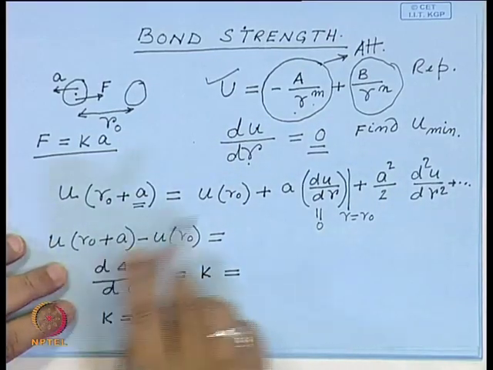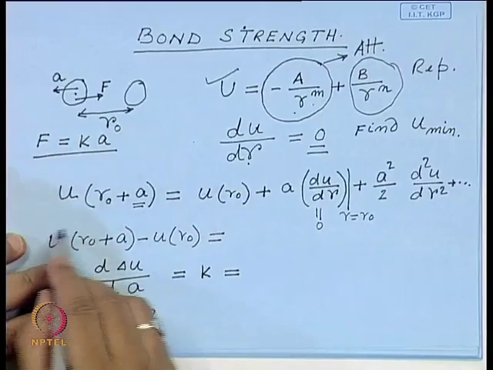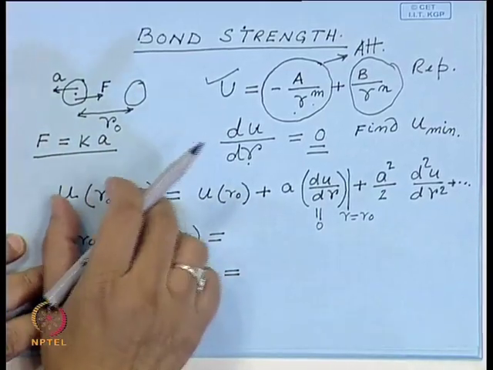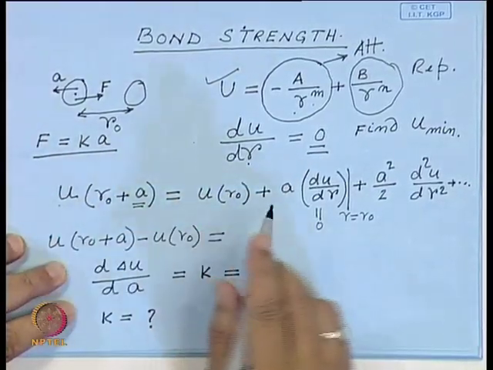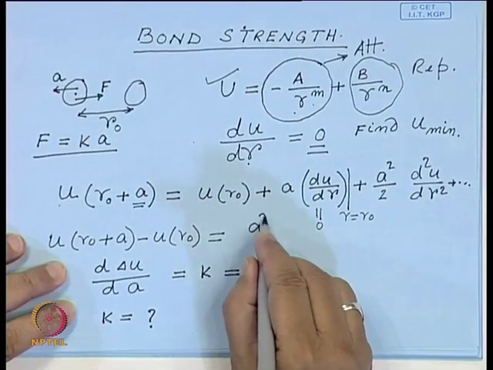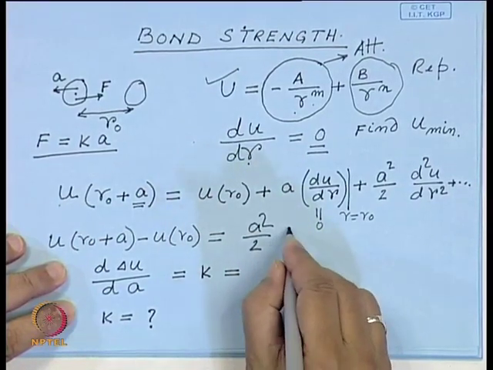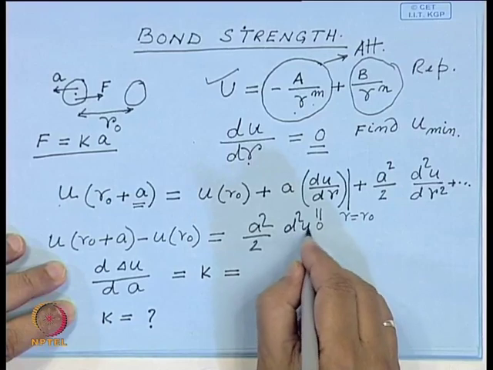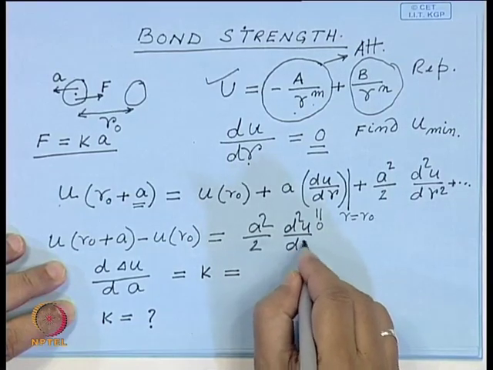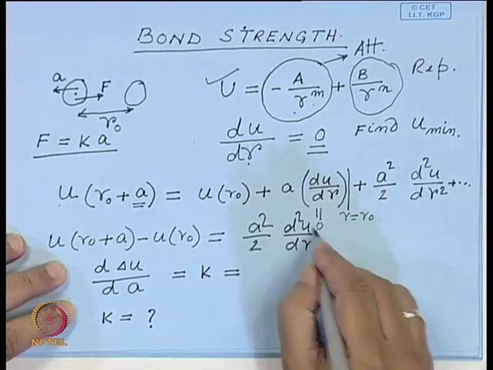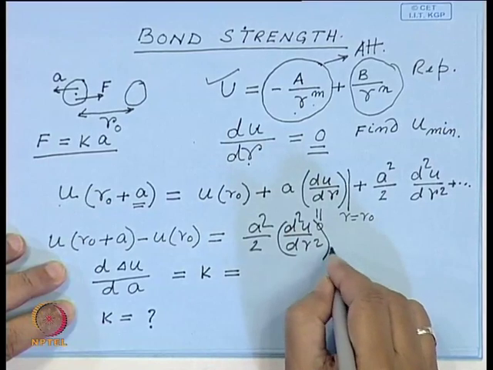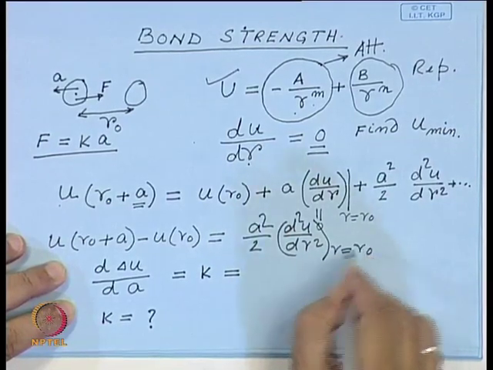Therefore, this change in energy is represented as a square by 2 d2u, and all of this is at r equal to r naught.